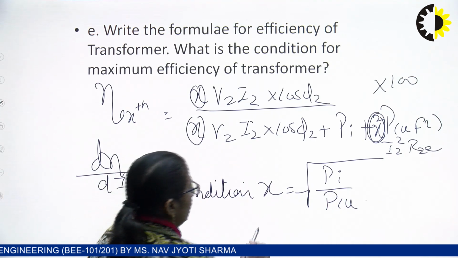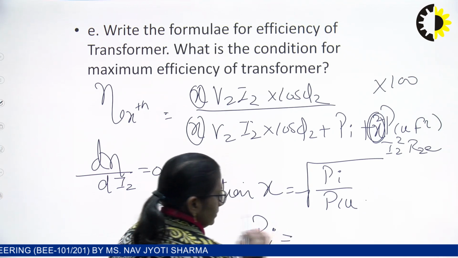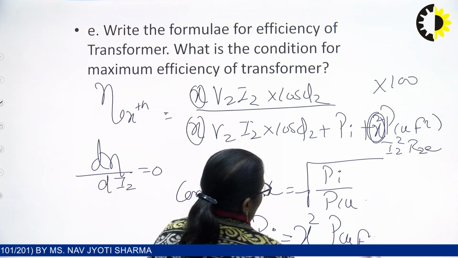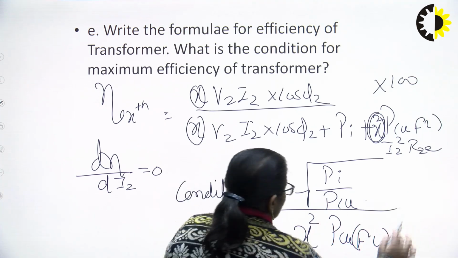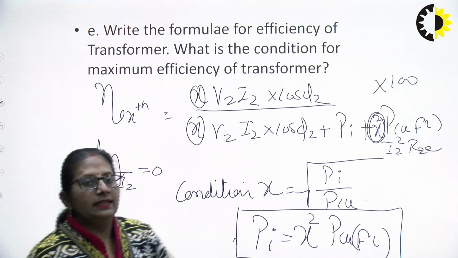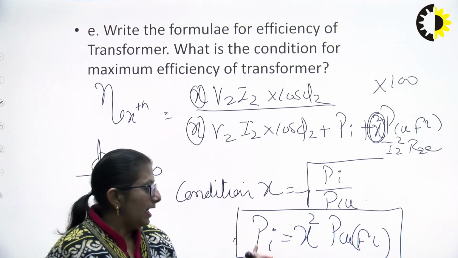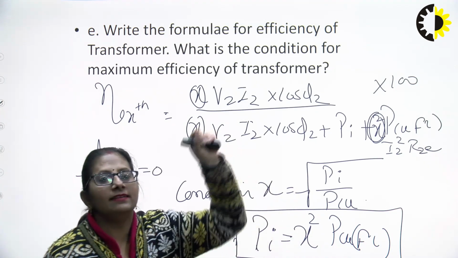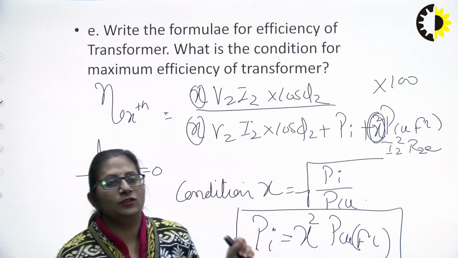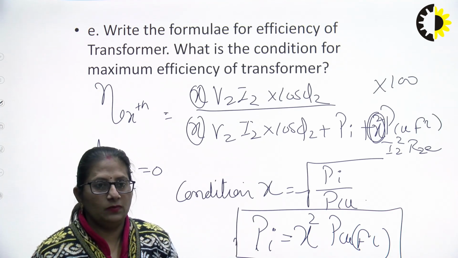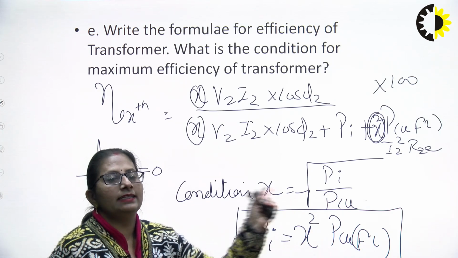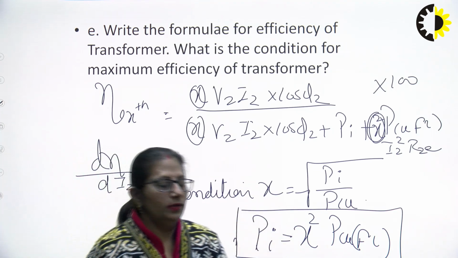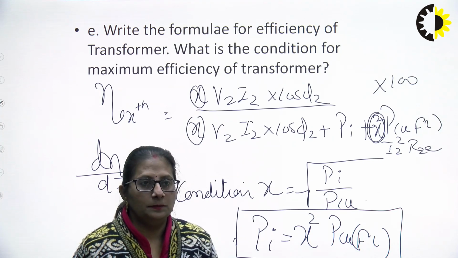Or I must say that the iron losses would be equal to x square the PCU at full load. That means the load at which the iron losses are equal to the copper losses of the transformer, at that load the maximum efficiency will occur. So, we need to write it in a statement that the load at which the iron losses are equal to the copper losses, at that load the max efficiency will occur.